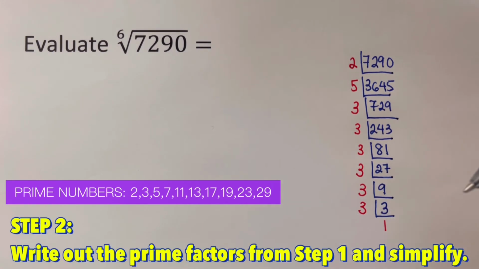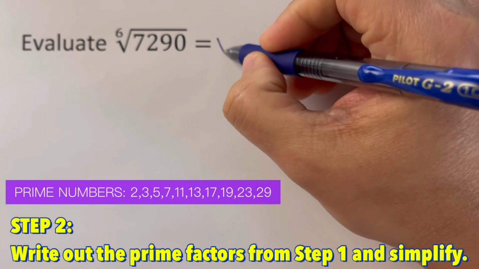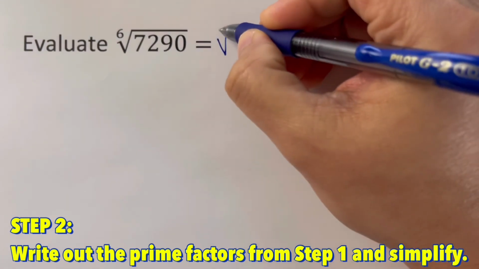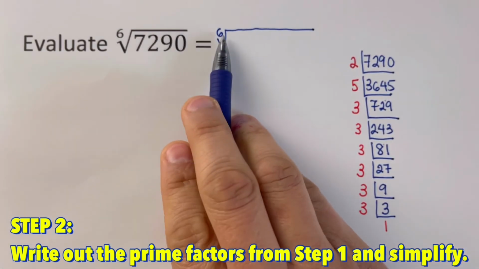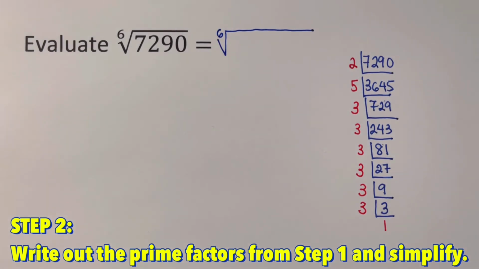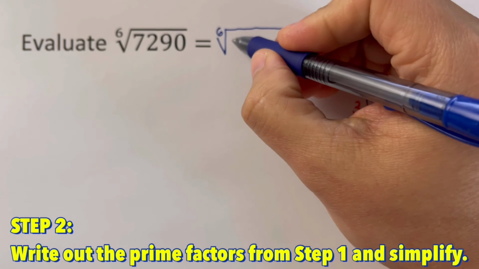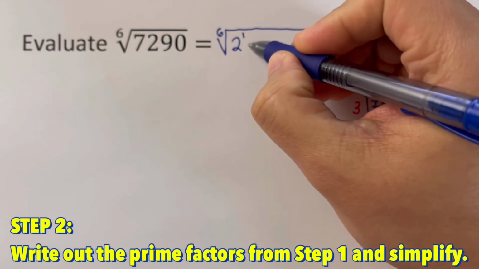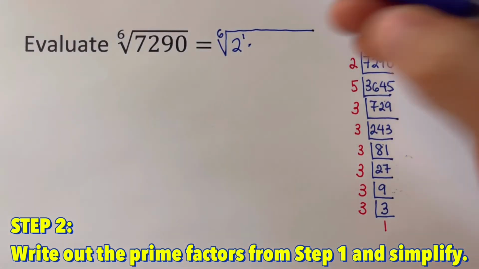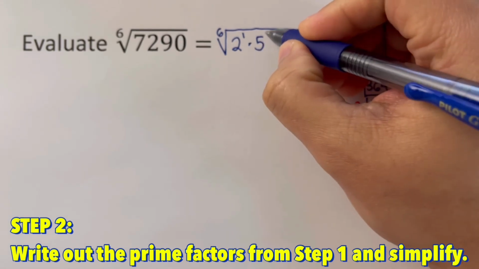The second step is to write out the prime factors from step 1 and simplify. So this is the sixth root of... we're going to count. Since this is 6, we're going to group the numbers into groups of 6. 2 is by itself, so I'm going to write that here: 2 raised to the power 1, times 5 is by itself, so that is 5 raised to the power 1.